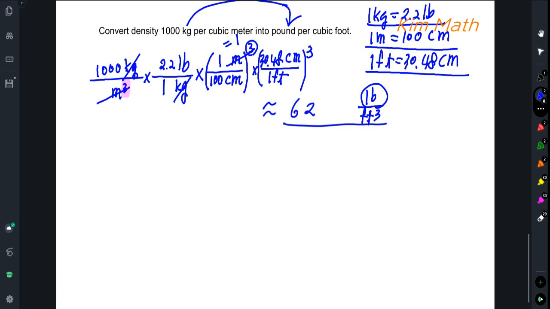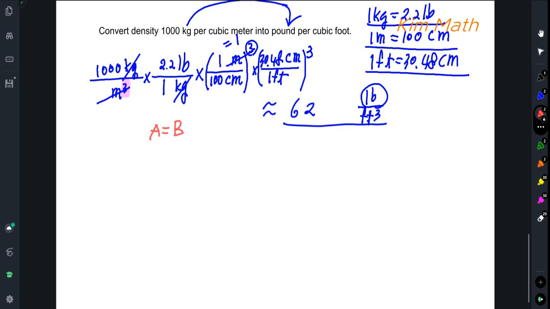Okay, let me summarize one more time. If you have some different units which are equal, like 1 hour equals 60 minutes, or 1 minute equals 60 seconds, so many things, right?